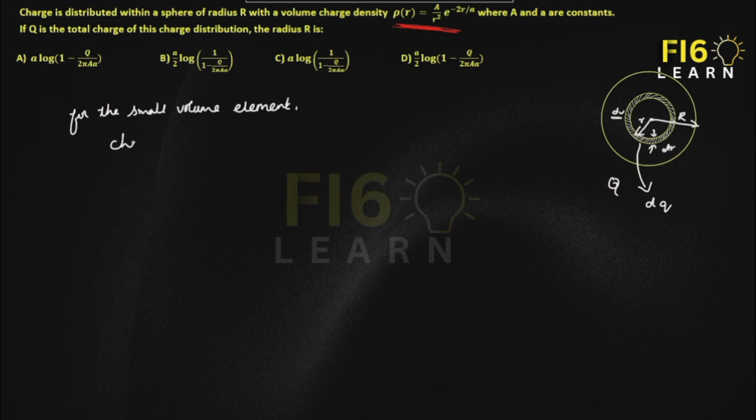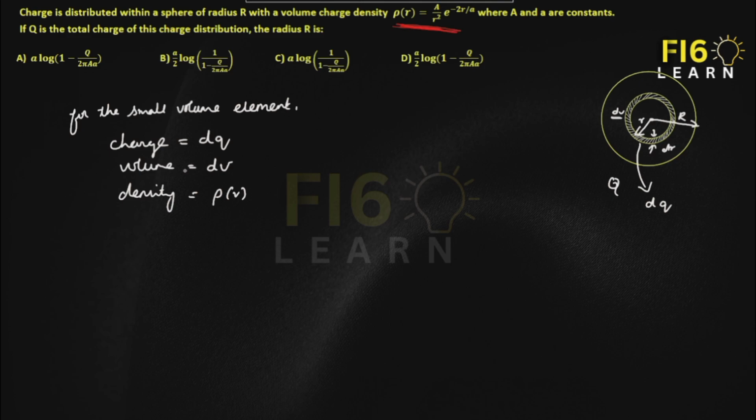I can write that as charge contained in the small volume element is dq and its volume is dV. And the density of the element at the radius r, the radius of the smaller element is r, so the density of the element at r is given by rho of r. That is given in the question.